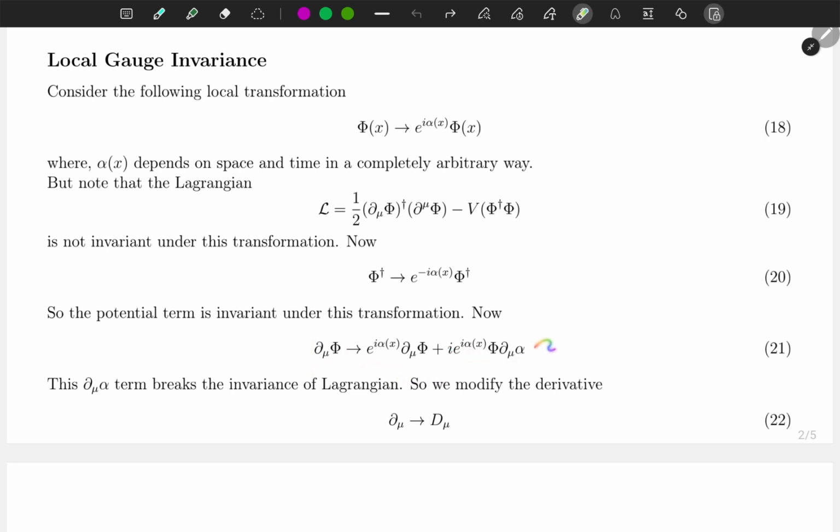So there is a piece of del mu alpha that was not there before, because theta was a constant. Theta is not a function of space-time points, that's why the derivative term was 0, but here it is not 0. So this term breaks the local gauge invariance, so the theory is not locally gauge invariant.